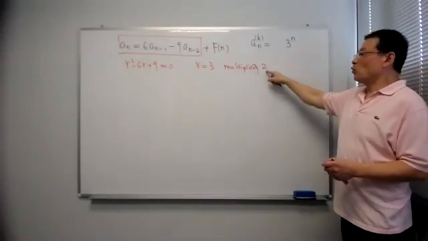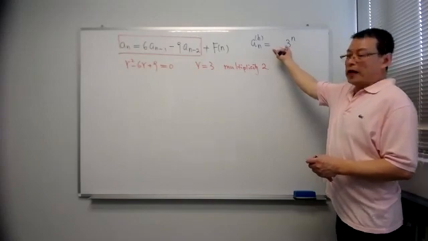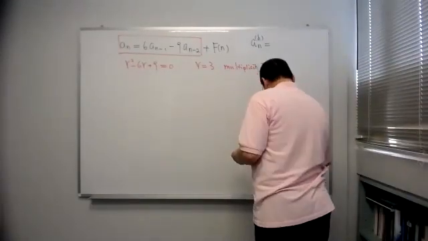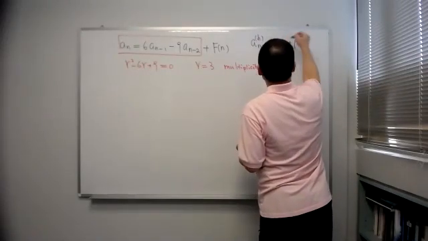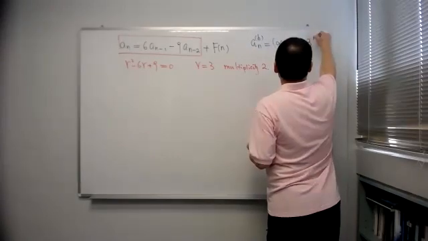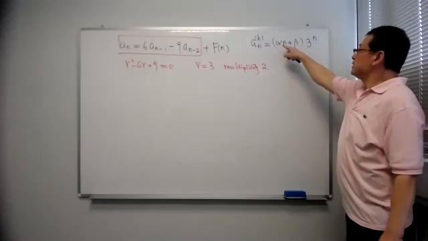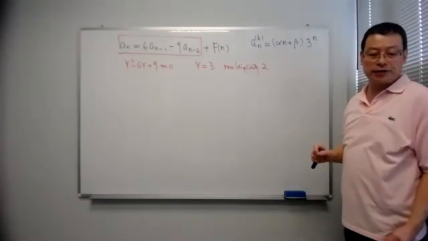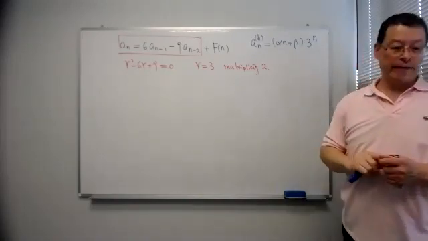Here the multiplicity is 2, so there is a polynomial of degree 1. So we have alpha n plus beta, times 3 to the power n. So that's the form of the homogeneous part. These two numbers, alpha and beta, need to be determined based on initial conditions. But it will be of this form, which we know already.